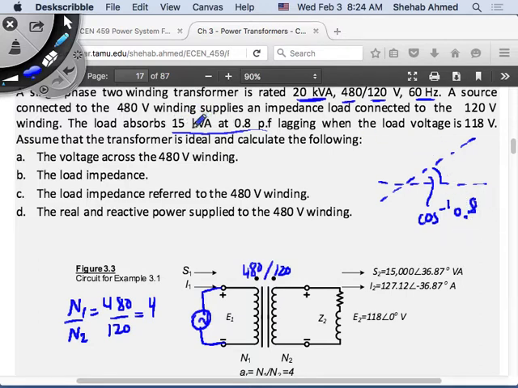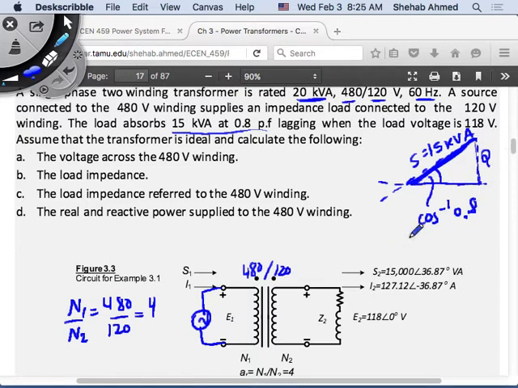And then this is 15 kVA, so I can draw something to scale here equal to 15 kVA. So what can I do with this power triangle now? Since I have S and I have the power factor angle, then I should be able to find Q that the load requires, and I should be able to find P that the load requires.